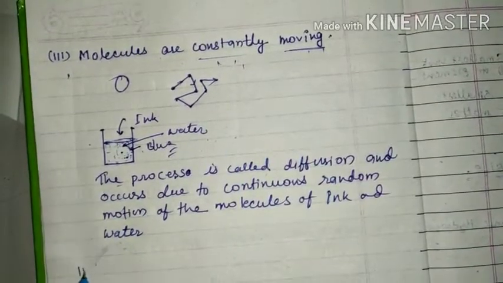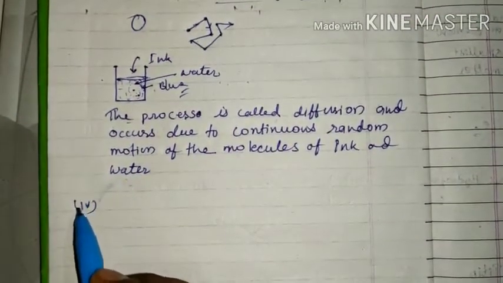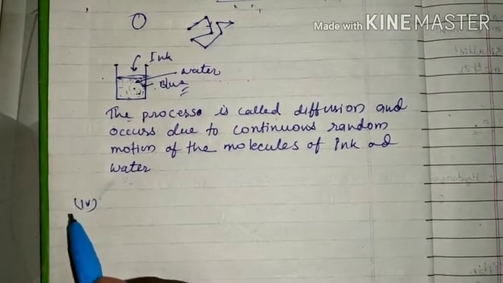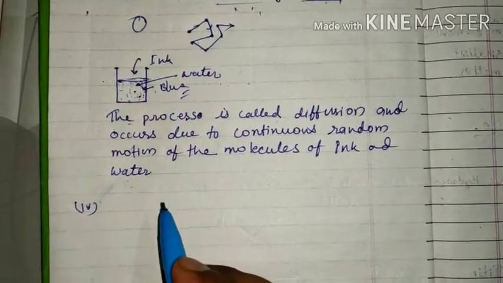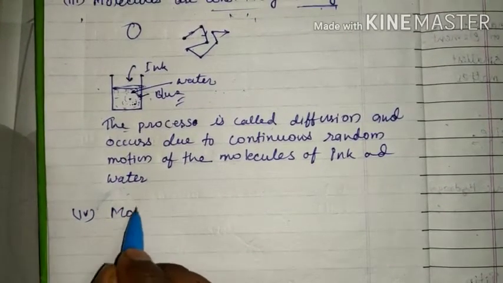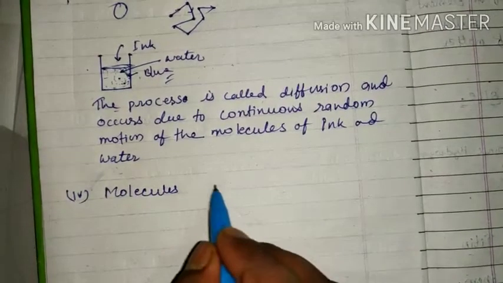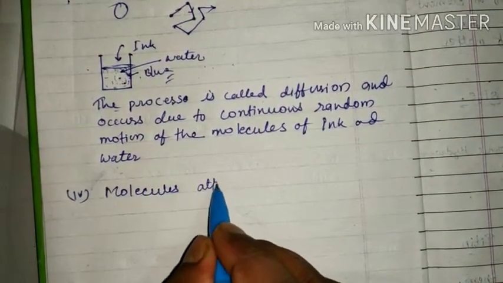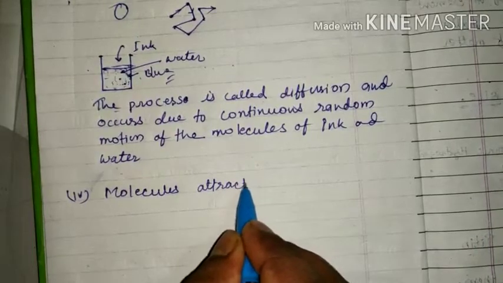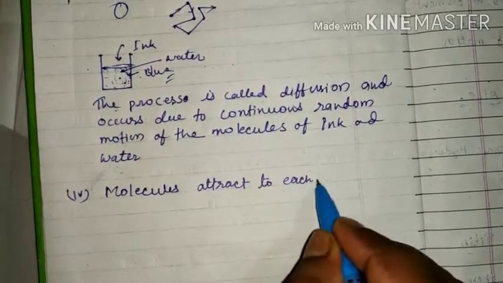Now the fourth point, or fourth property, is that molecules attract each other.